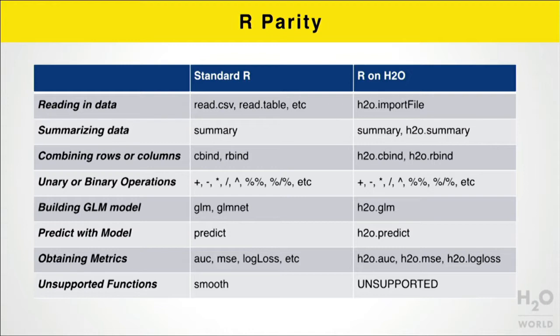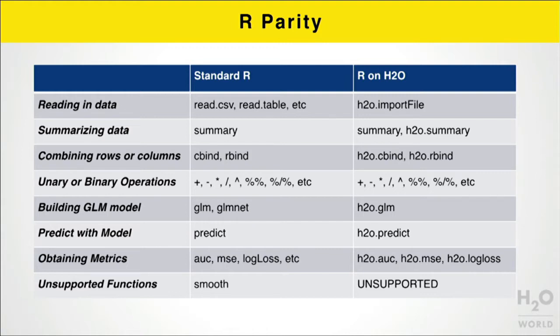One of the common questions that I get asked about R is, does H2O support all of R's many packages and functionalities? And the quick answer is no, we don't. There are a lot of great things we built into our robust R package, but there are also limitations.